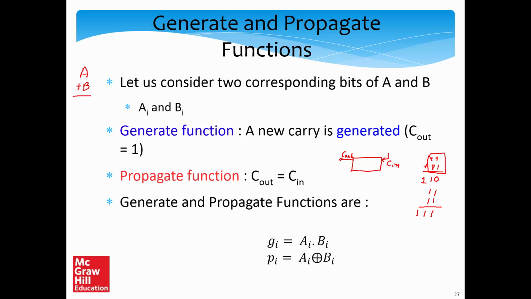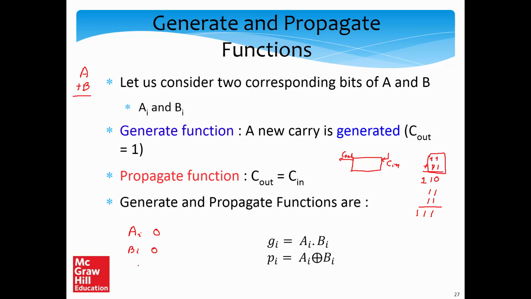Now let us define a propagate function. The propagate function says that the output carry is equal to the input carry. Let's consider a single bit example, which will be far easier to understand. Let's consider the values of ai and bi. Let's assume these are 0 and 0.